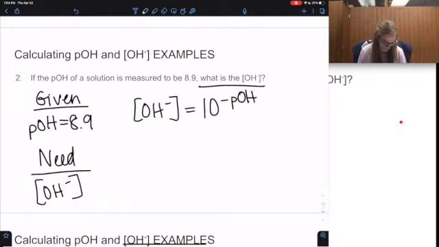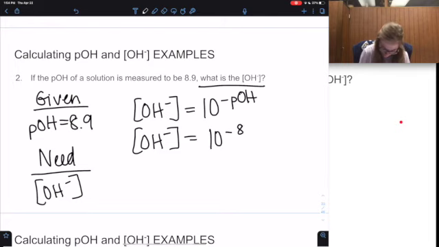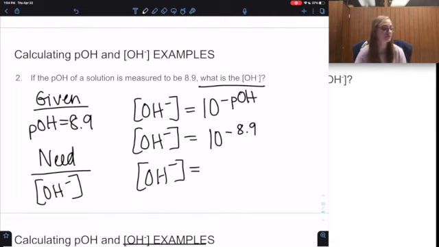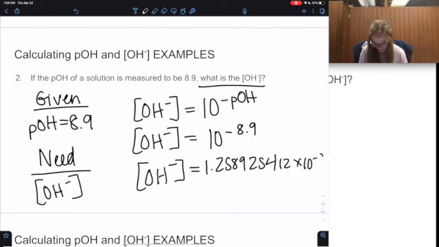So that being said, I can go ahead and start to plug in my values that I was given. So concentration of OH minus equals 10 to the minus 8.9. And then that means that the concentration of OH minus equals 1.2589254 times 10 to the minus 9.